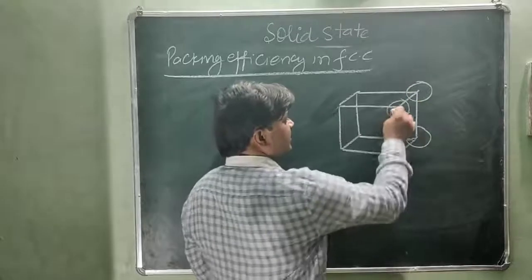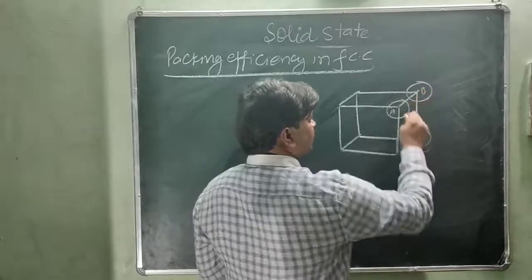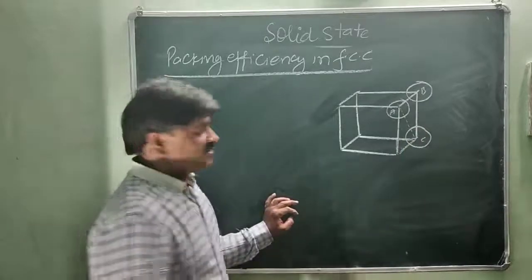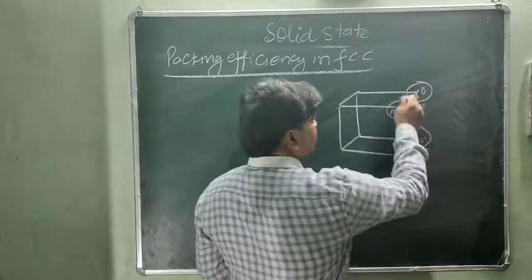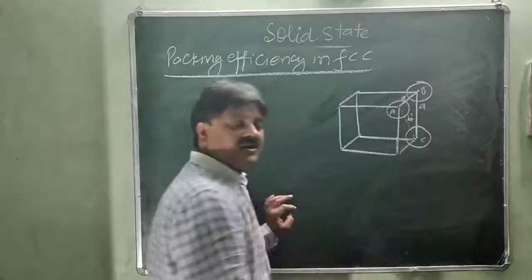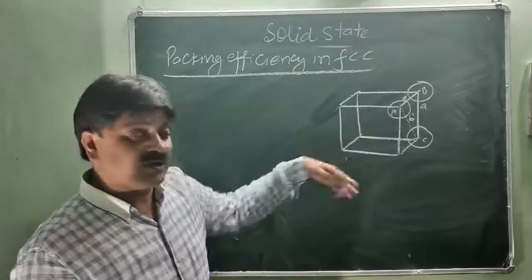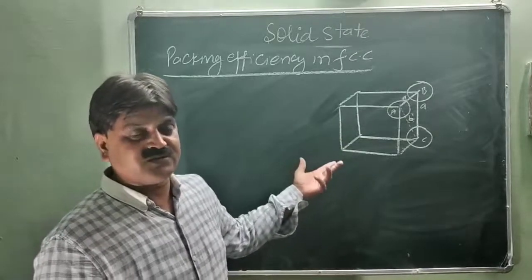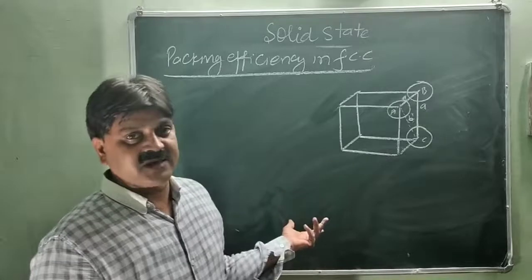You will see here A, B and C, and the triangle formed here, ABC. So we are taking edge length A, and here the diagonal B. With the help of B, you can calculate the total volume of the cube, then put the value of small v and calculate the packing efficiency.